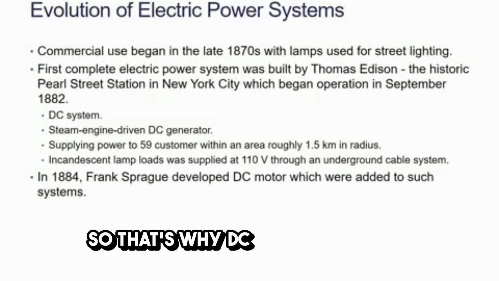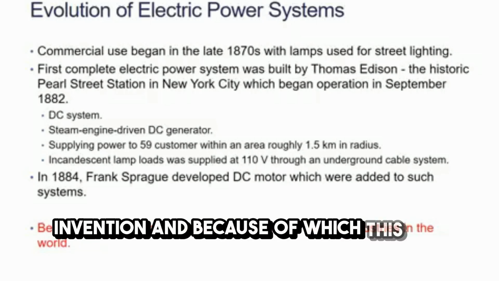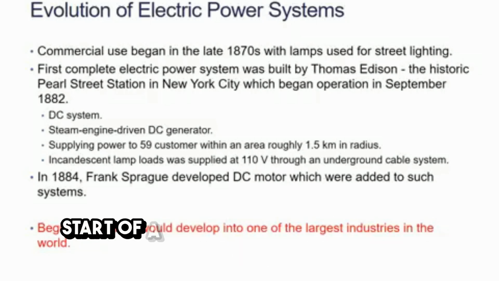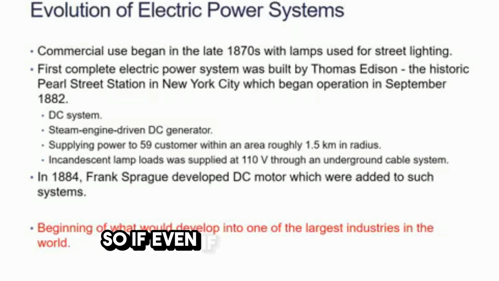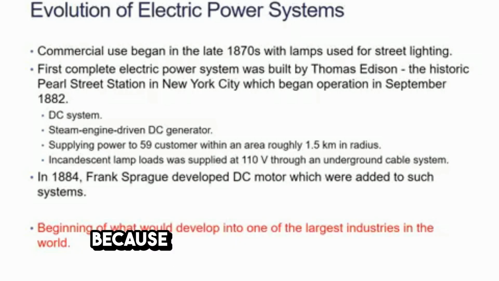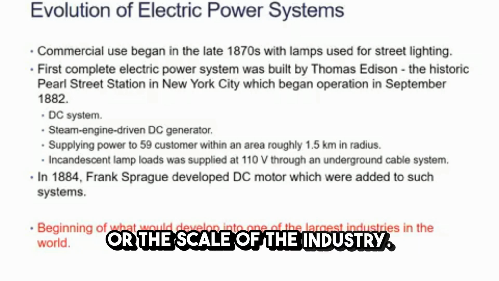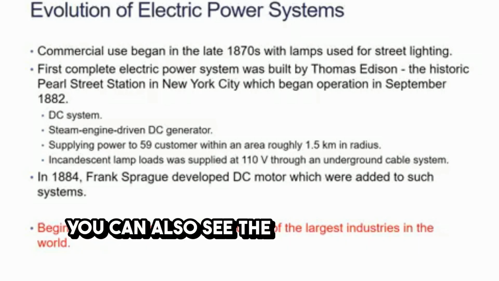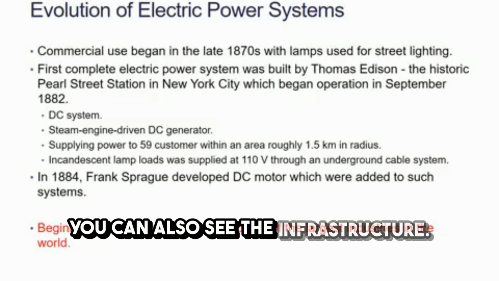So that's why the DC motor was a big invention, and because of it this was the start of the development of the biggest industry. Today, the biggest industry in the world is the electricity industry, because you can see the scale of the industry, the money involved, and the infrastructure.